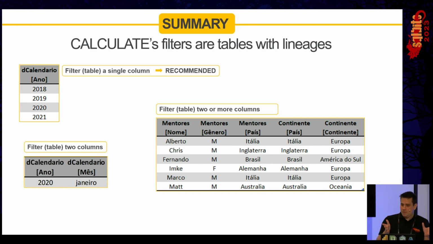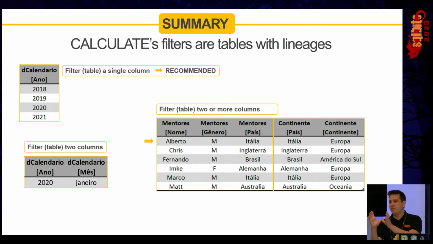I have, in this little model, a fact table with the mentors, and I have a dimension, a continent dimension. So how do you read that kind of filter? First, this is the expanded version of the mentors table. Every time you write code that refers to a table of your model, it always becomes the extended version of this table.